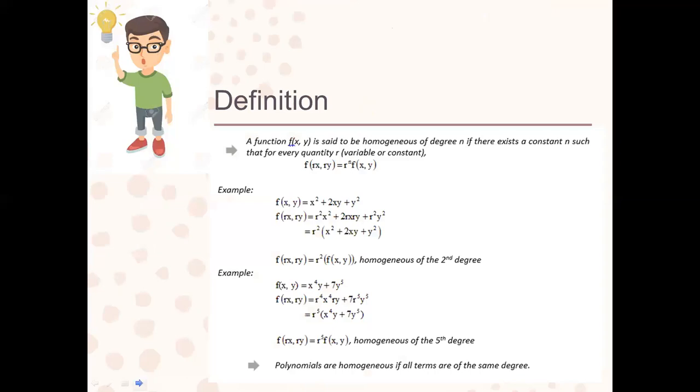So let's say you're given a function of x and y, an expression that has variables x and y, and it is said to be homogeneous of degree n.